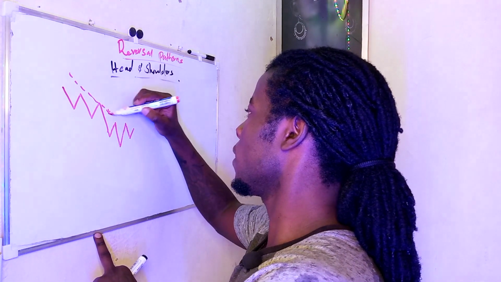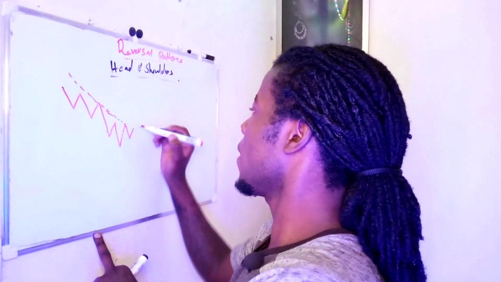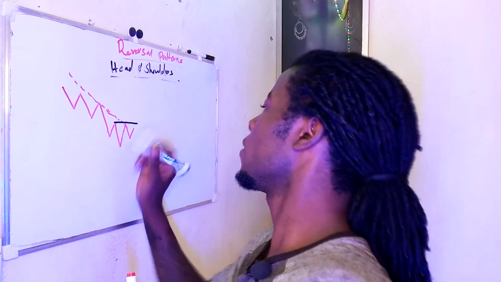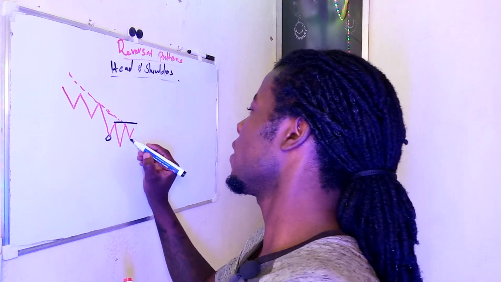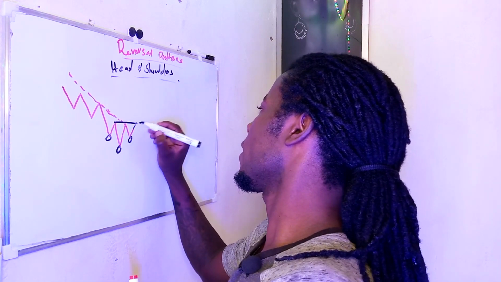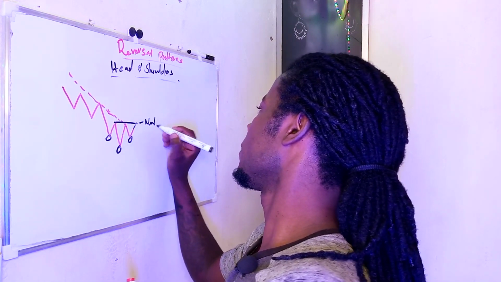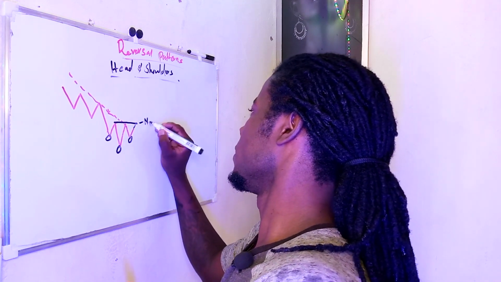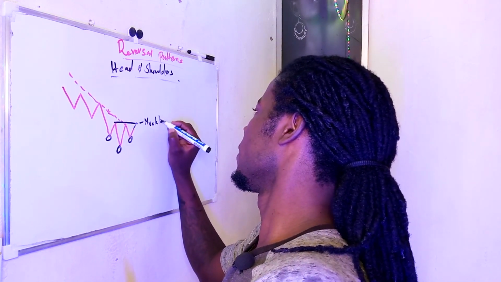Remember we're still in our trend line, right? Then identify this as the neckline. You have to do that. So we have the left shoulder over here, the right shoulder, and this is the head, then this is the neckline. Once again, this is the neckline.